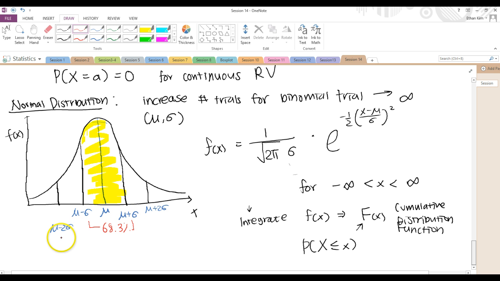And 2 standard deviations away is 95.3%. Okay, and if you do 3, I believe it's 99.7.